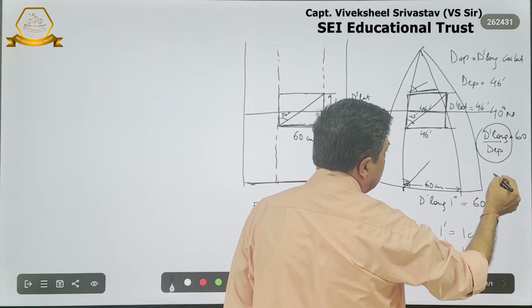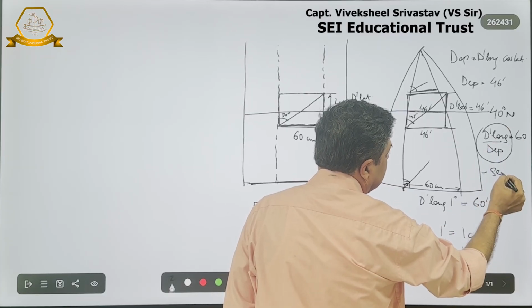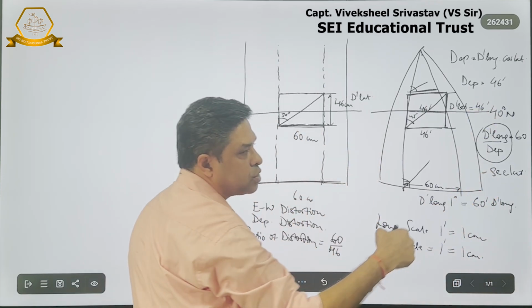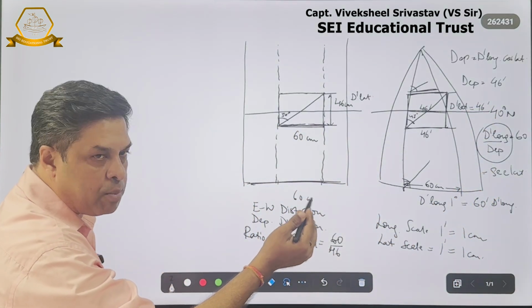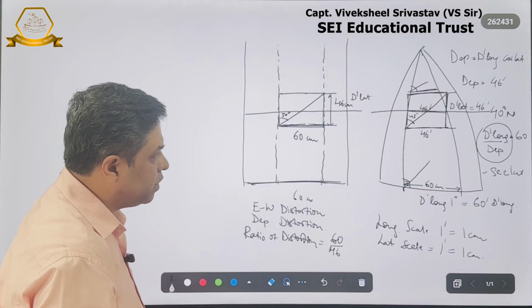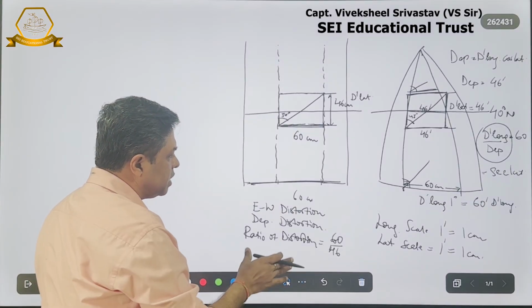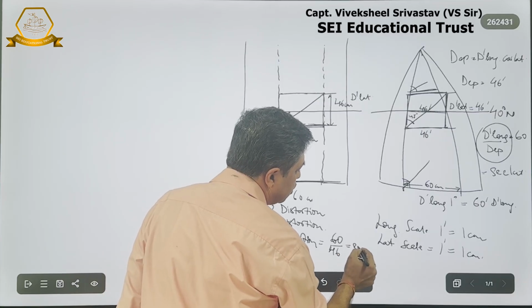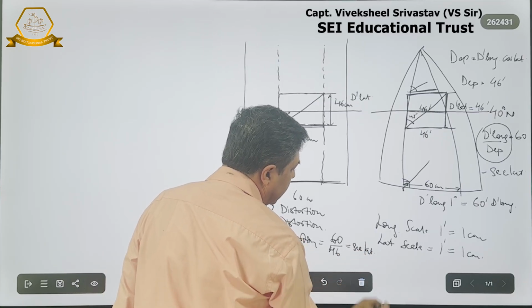This value is secant of latitude. Departure upon d long is cos of latitude, and the d long upon departure is secant of latitude. So the distortion, east-west distortion, is proportional to secant of latitude.